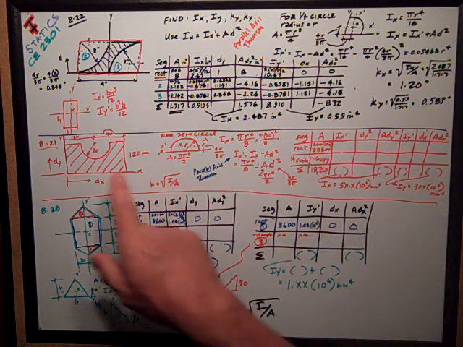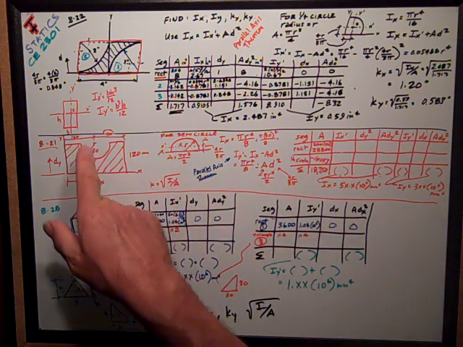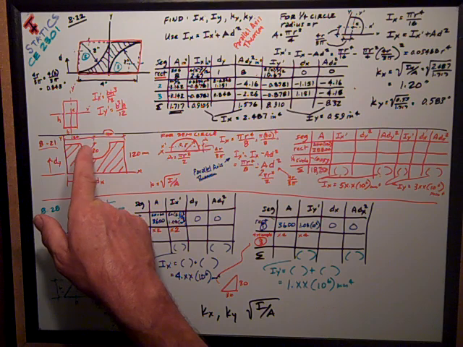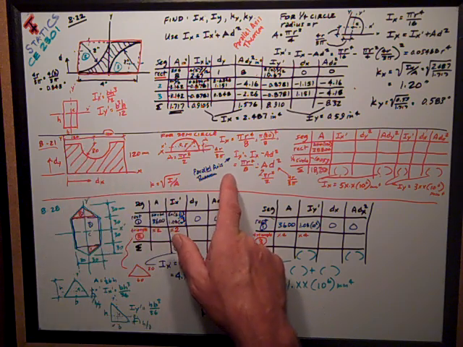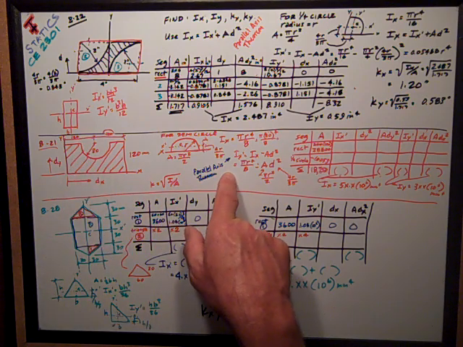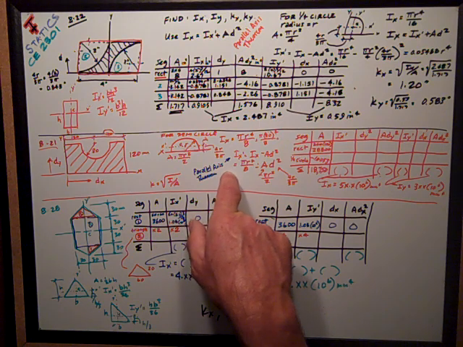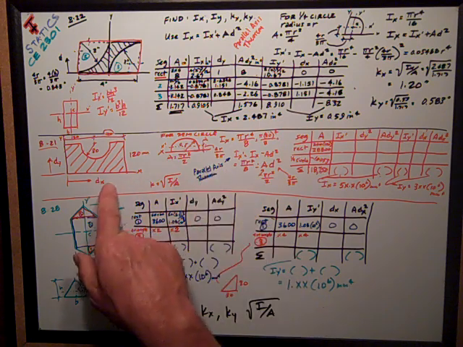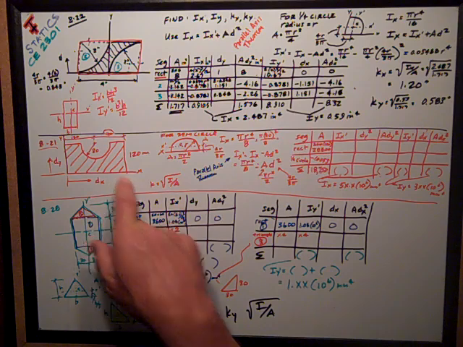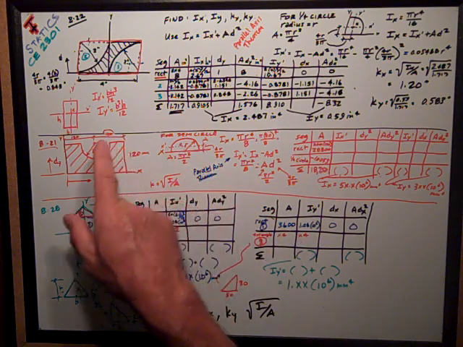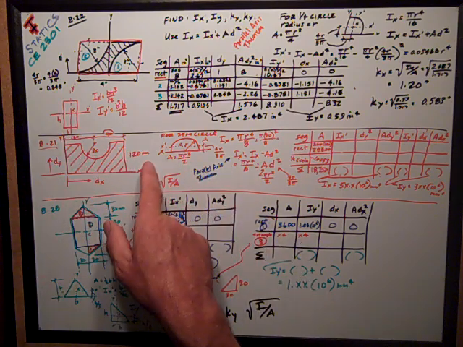Do the same thing for the semicircle. Its distance from its... Iy prime, I think you're going to have to look up that formula for Iy prime. That comes from a chart.